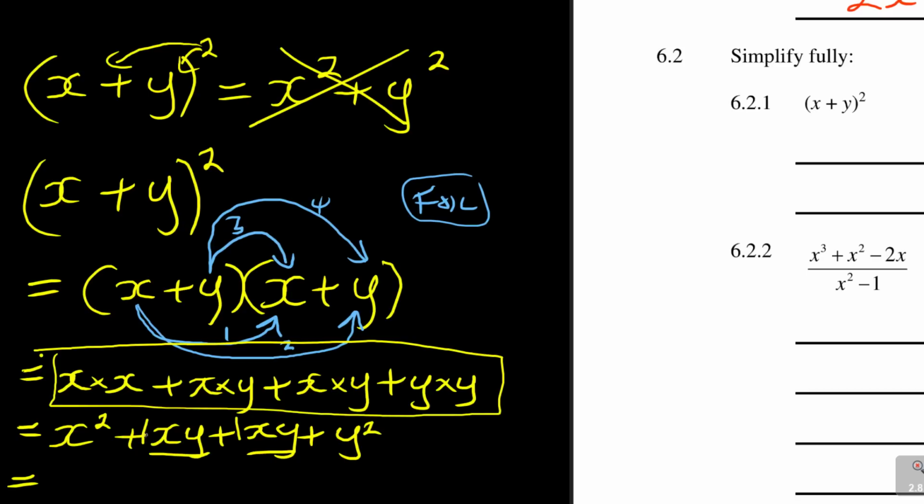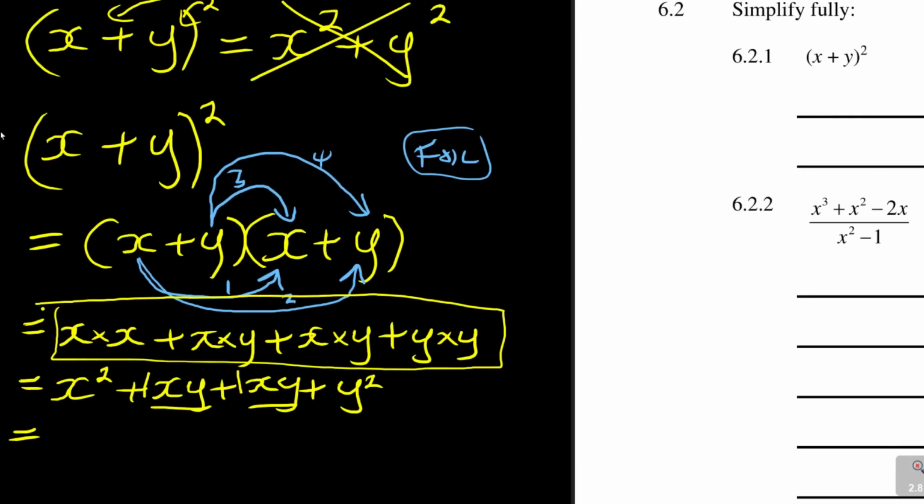You are focusing on 1 xy and 1 xy. So 1 plus 1 is what? It's 2. So you've got x squared plus 2 of the same thing, which is 2xy, then plus y squared. And that's the expansion that they wanted.